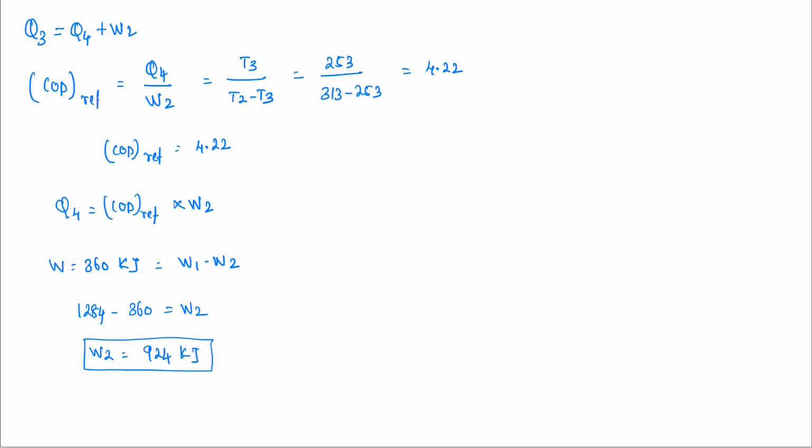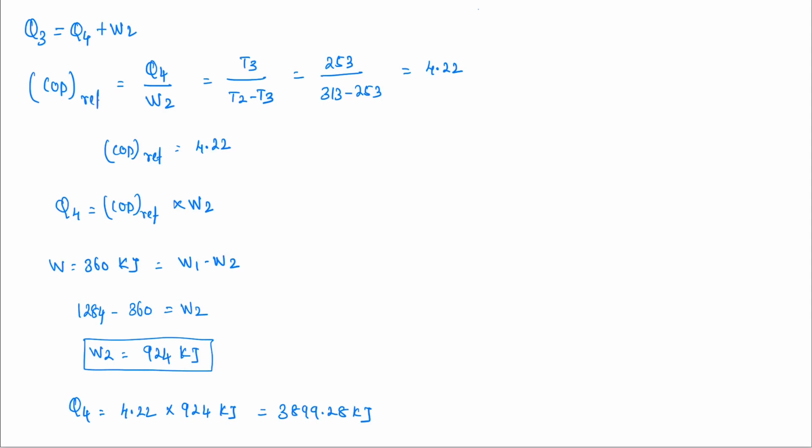By substituting the value of W2 in this equation, you can find the value of Q4. That is, Q4 is equal to COP, 4.22, times 924 kilojoule, which is calculated as 3899.28 kilojoule.